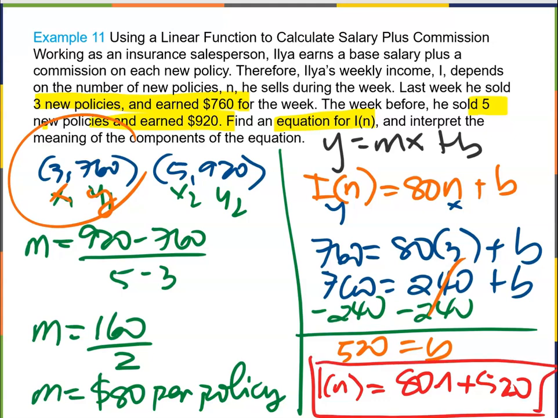So our final interpretation is that Ilya's base salary is $520 per week, and he earns an additional $80 commission for each policy sold. That's why we have this equation, 80n plus 520. And that's it for this section 2.1. Thank you.